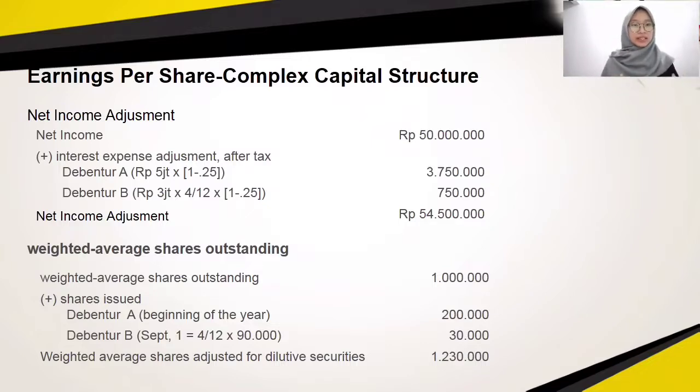The company then calculates the weighted average number of shares outstanding. The number of shares is the denominator in the calculation of diluted earnings per share. The weighted average shares adjusted for dilutive securities is 1,230,000.